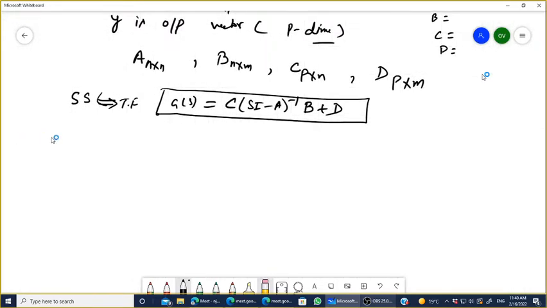See the controllability. I'm just taking out the formal definition. What is the formal definition written in the book?